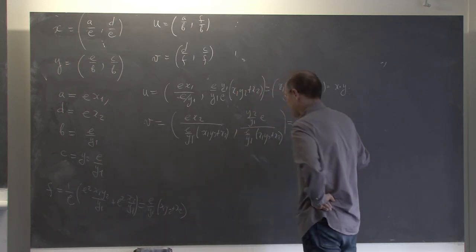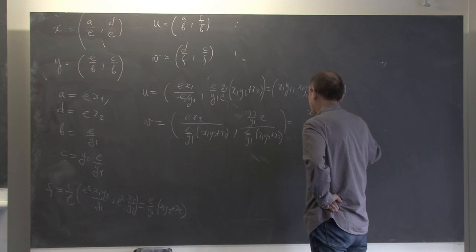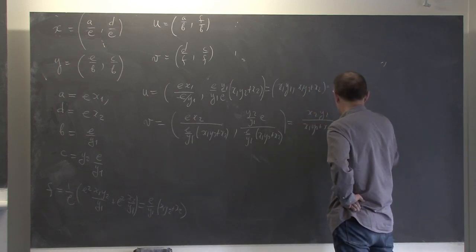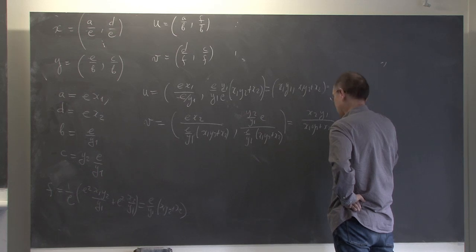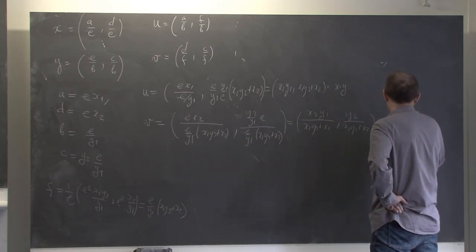And we easily observe that we get what we want. Y1 goes away, e goes away, y2, x1 y2 plus x2. So this is the x star y.